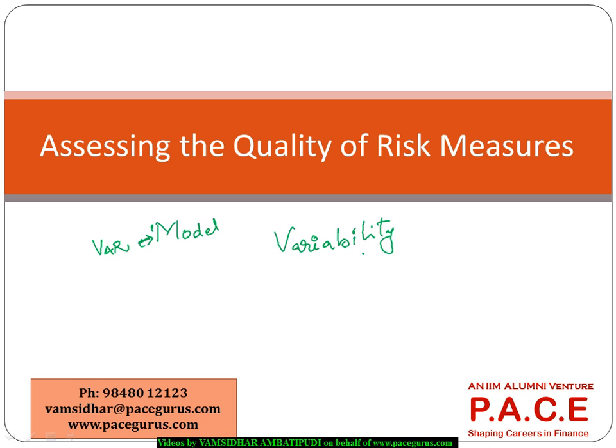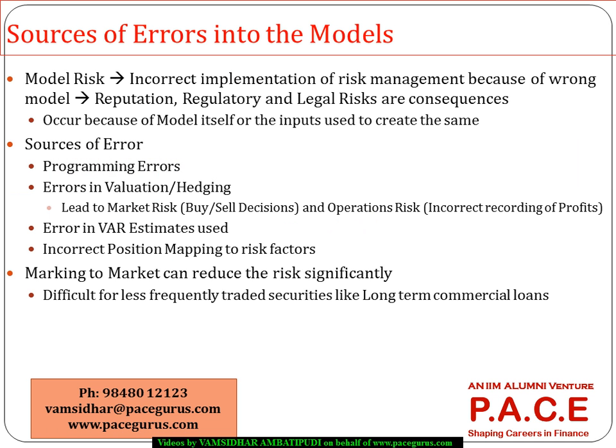And of course, there are a couple of small case studies regarding the failures during 2005 and 2008 and 9 because of usage of the wrong models or because of the wrong measures of risk, which we would be discussing also. Now, just to start off, we are talking about model risk.